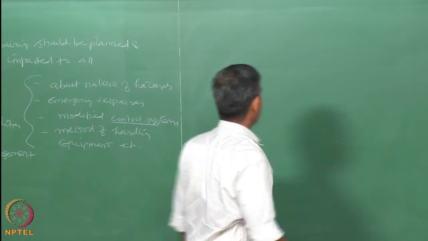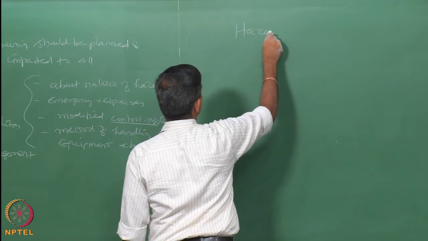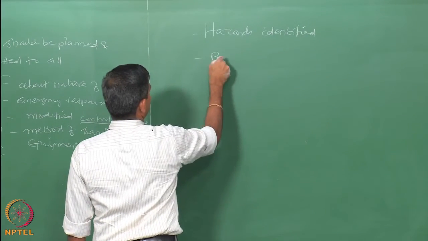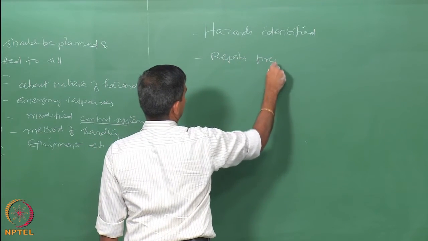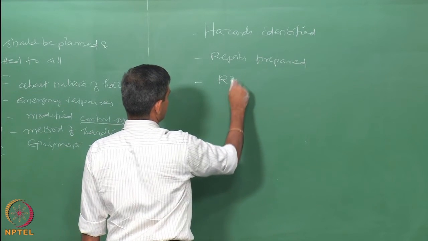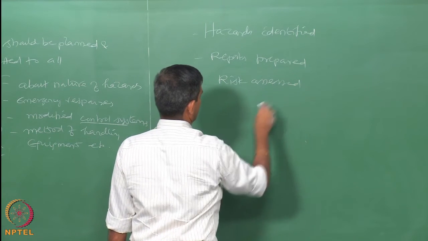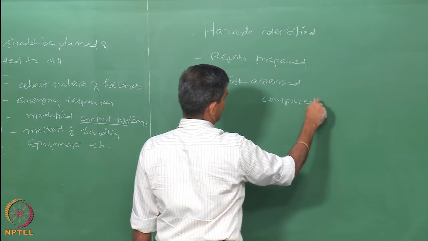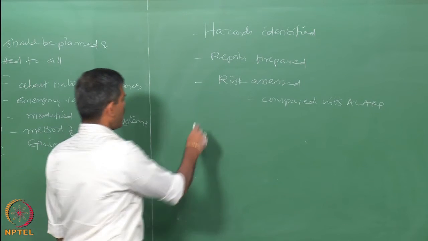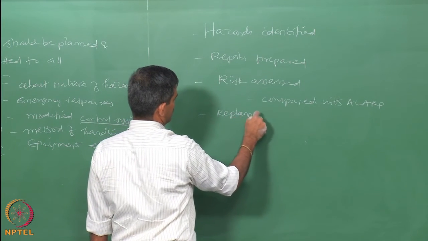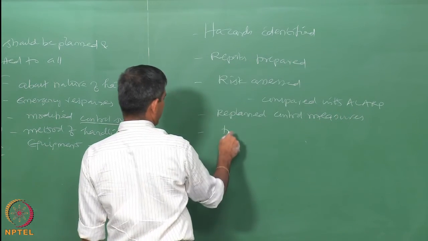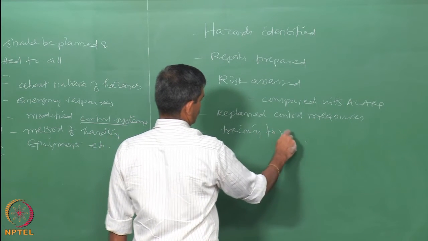Interestingly, you have identified the hazards, you have prepared enough reports, you have assessed risk, you have compared with ALARP for acceptability, you have revisited or replanned control measures, you have imparted training to personnel.